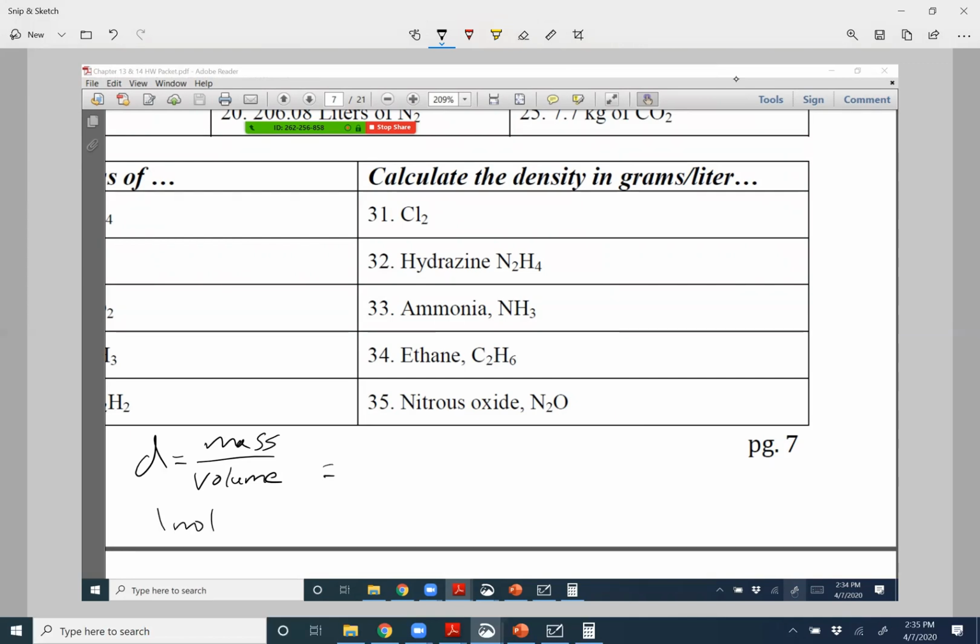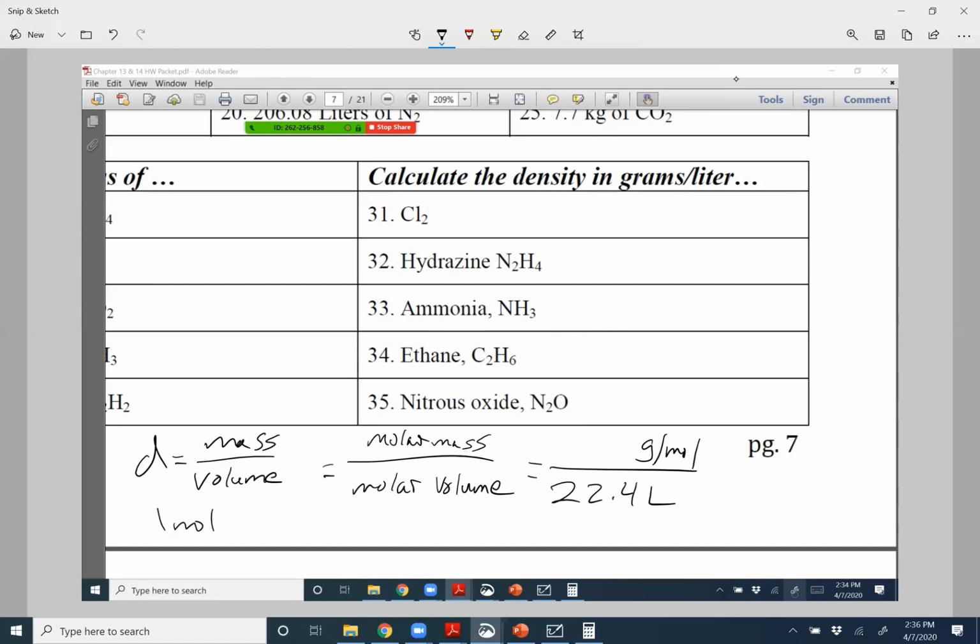Well, if we do that, then we can do the molar mass divided by the molar volume. And the molar volume never changes. It's always 22.4 liters. So basically, if we want to know the density of a gas, all we need to do is figure out its molar mass and divide it by 22.4.